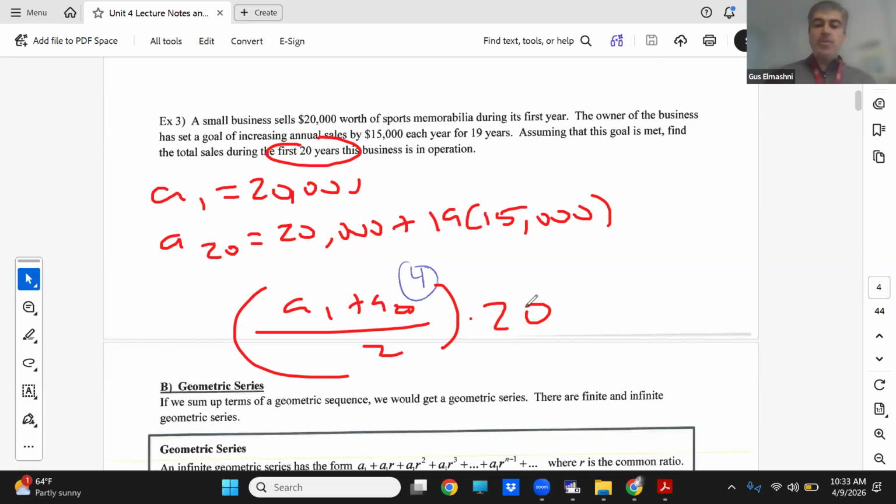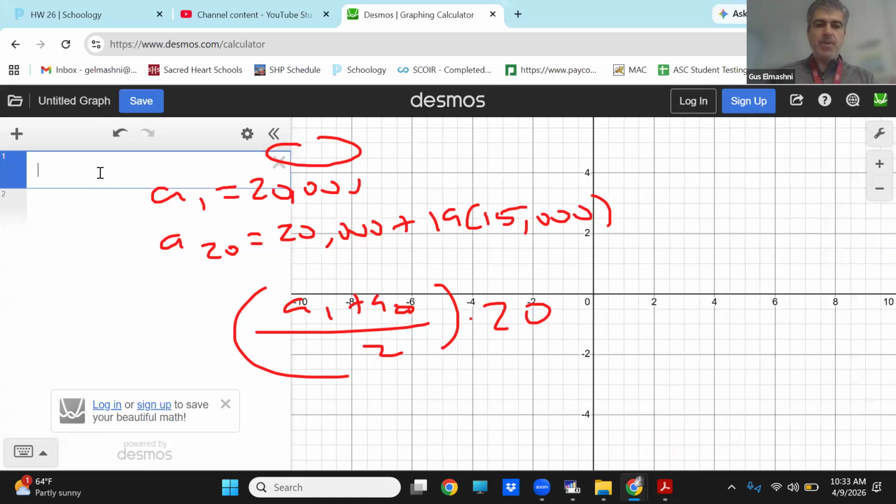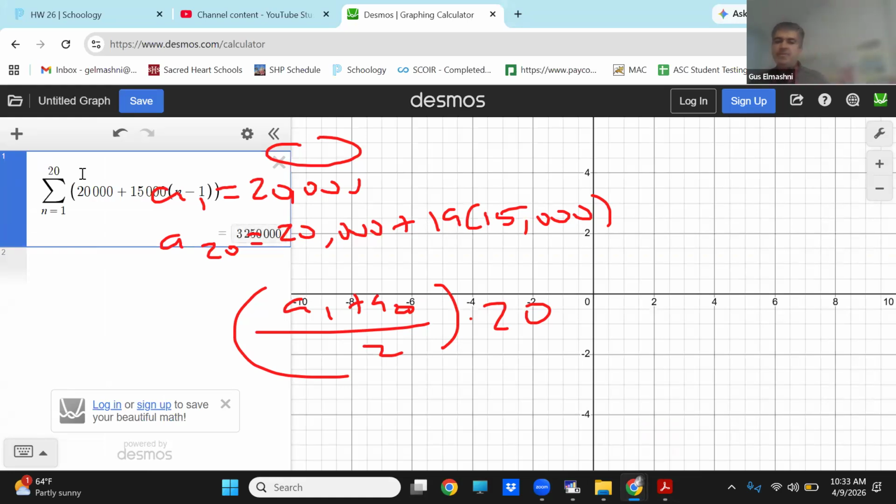Now, if you want to do this in Desmos, how would I express that? So sum n equals 1 to 20. What would be my formula? Yep, there we go. Because when n is 1, you want 20,000 to be the first term, right?